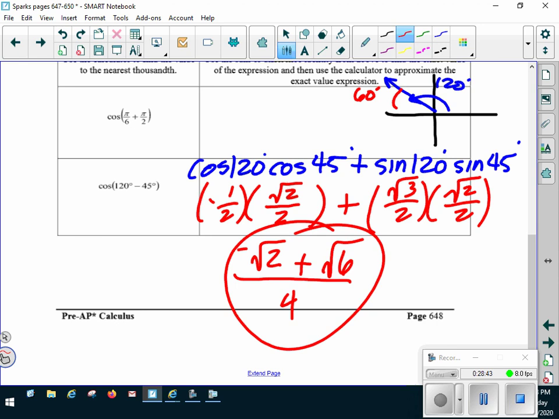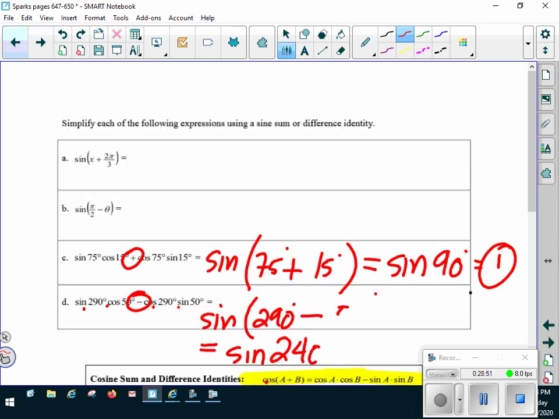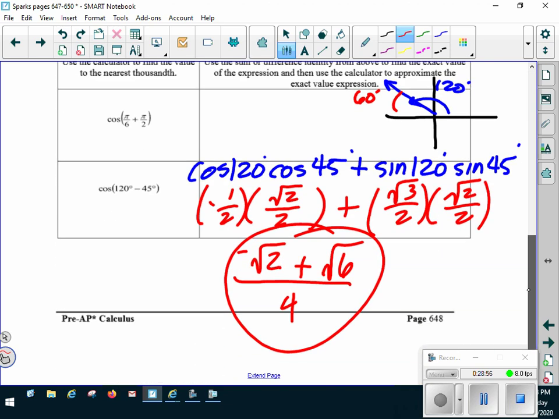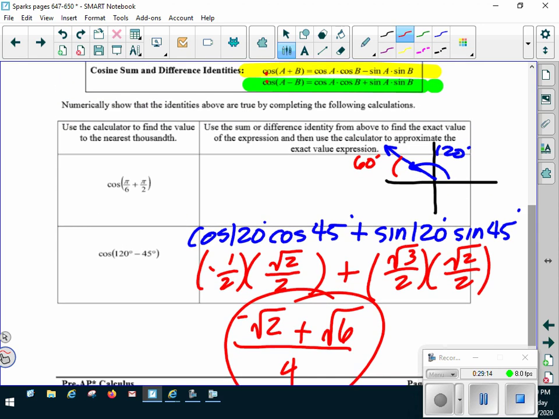You finding this fairly easy? Cosine, the plus minus changes. That's why.